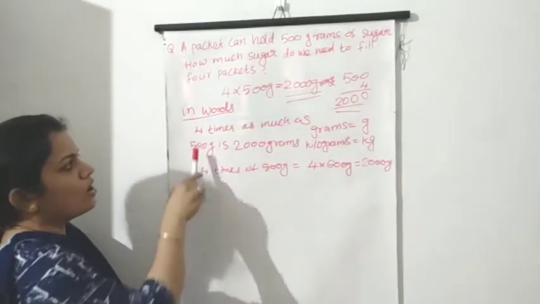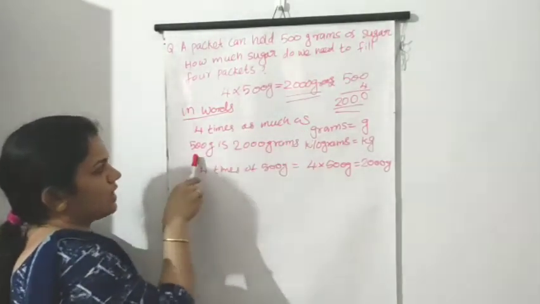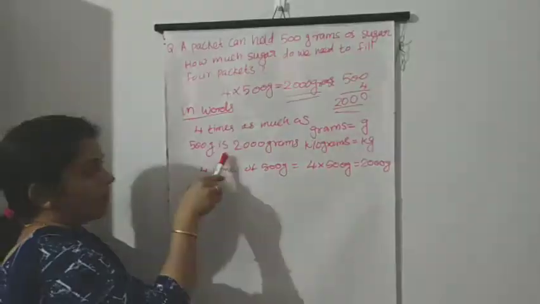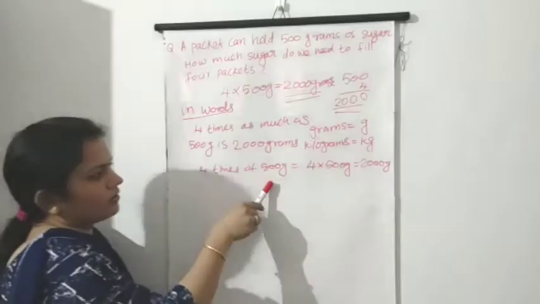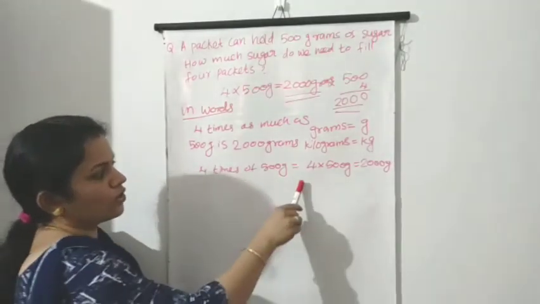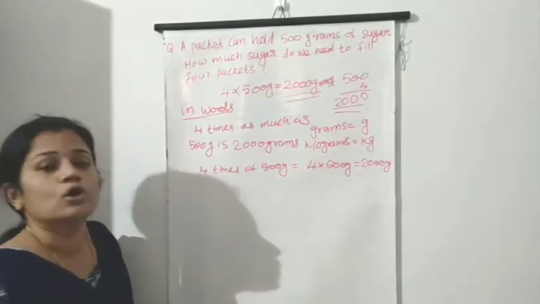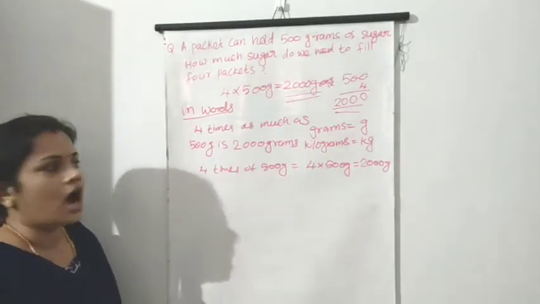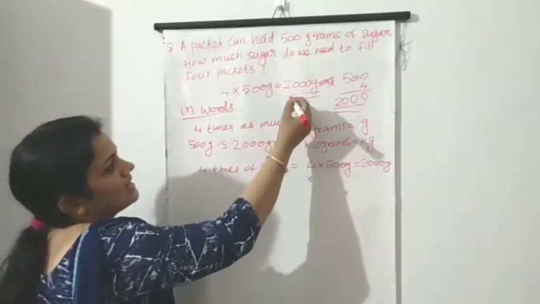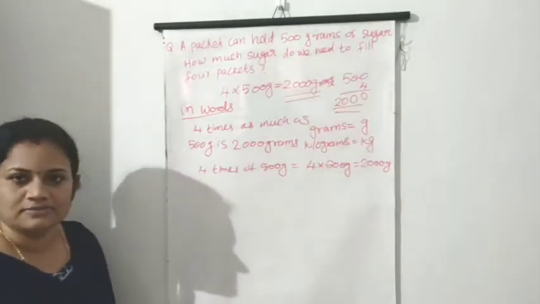Understood? So to write in words we can say that 4 times as much as 500 gram is 2000 grams. Understood all? How to write the problem? The answer is 2000 grams.